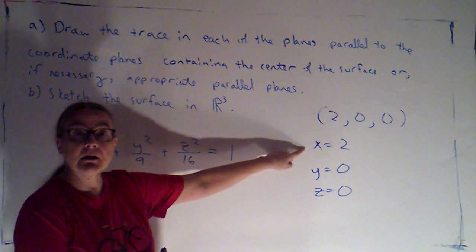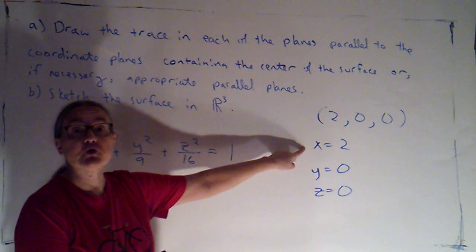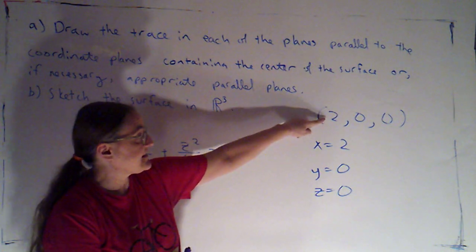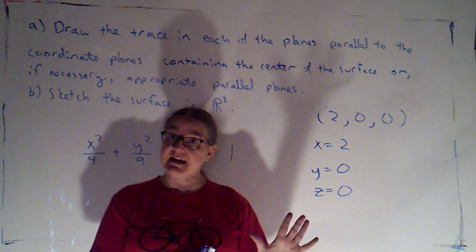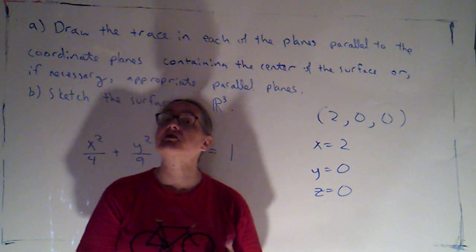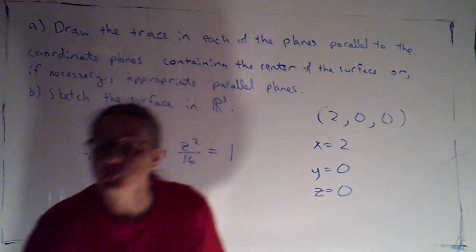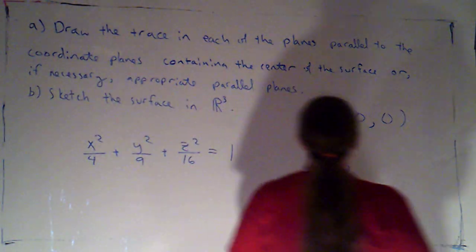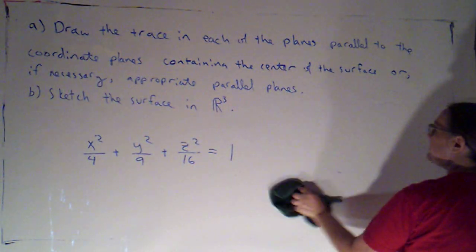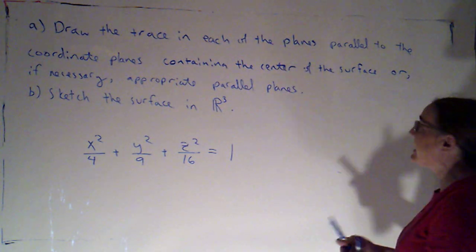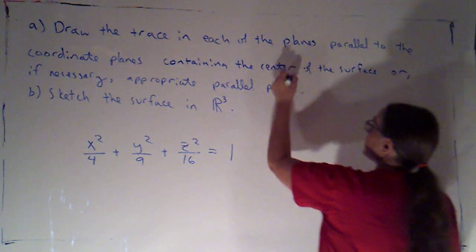I'd look in the parallel plane x equals 2, because that's the plane that would be parallel to the yz plane, but that would pass through the center of the object. So I'm always going to start with the planes parallel to the coordinate planes that go through the center of the object.